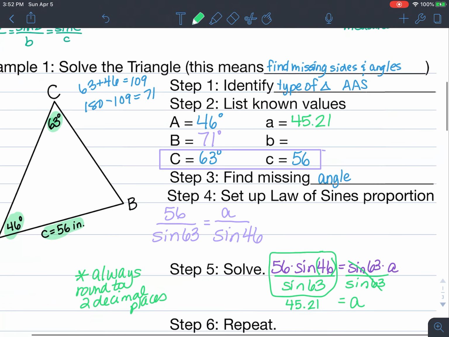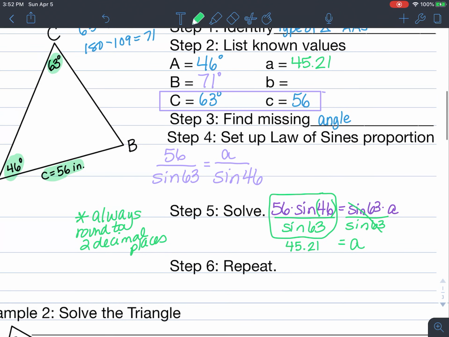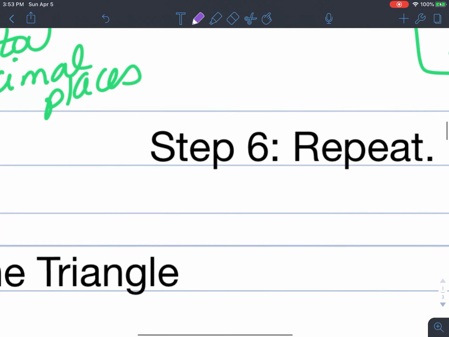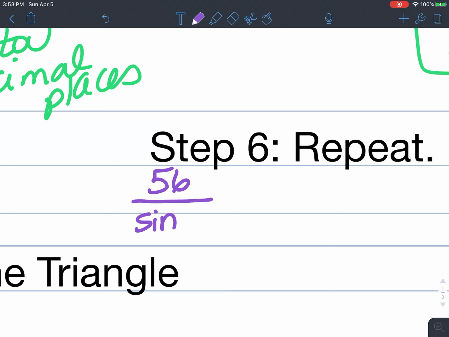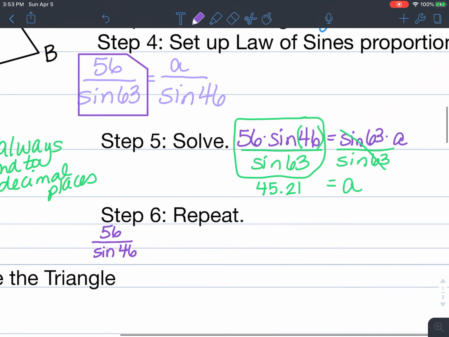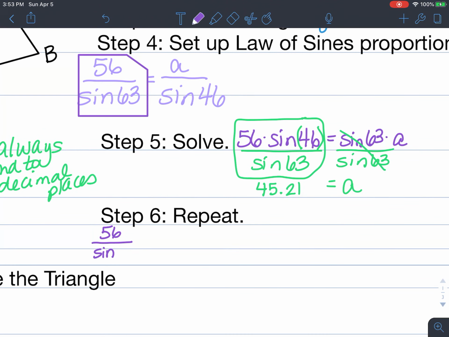Okay. Now I'm going to repeat the process, but to find side B. I am going to use the original given information again, because just in case I made some kind of error in finding A, I don't want to use that error in finding B, because then I'm just going to make more mistakes. So 56 over sine 63.